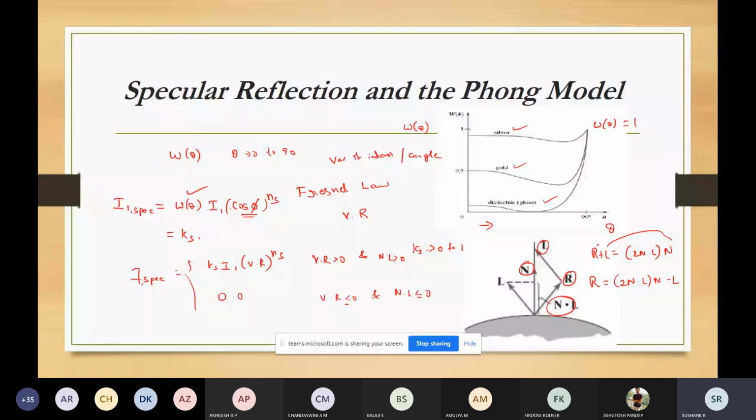Similarly, you can calculate V from the surface position and the viewing position by the equations which we have studied. Yesterday we studied one formula: source minus surface, like p source minus p surface divided by the magnitude of that.